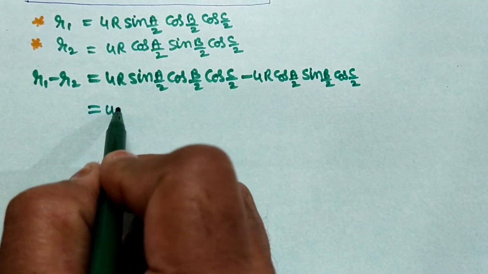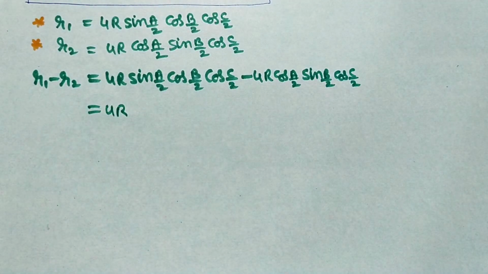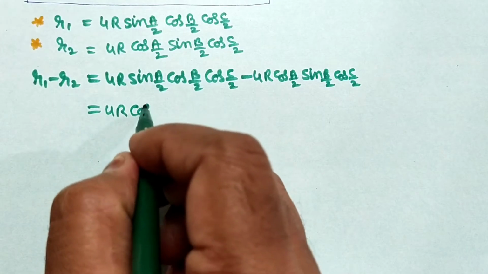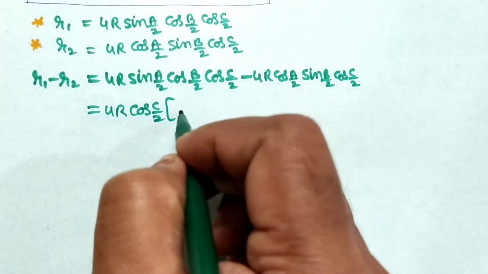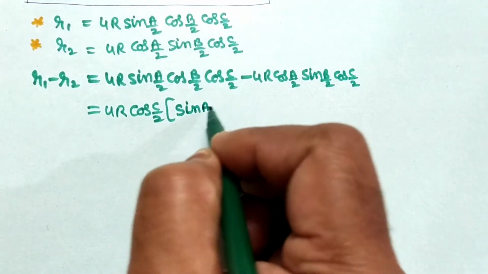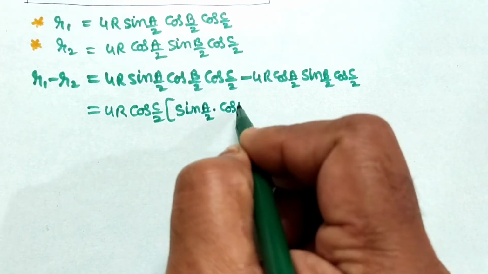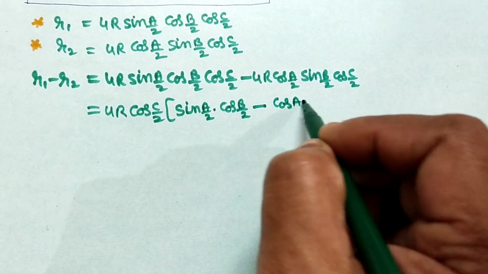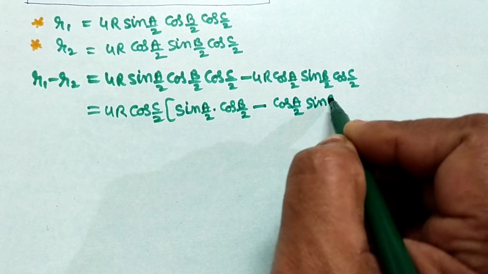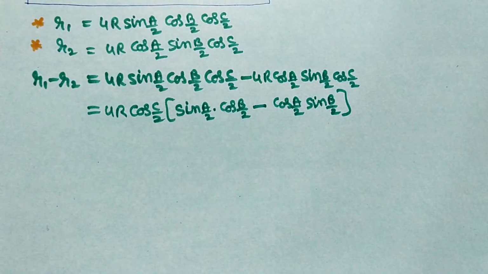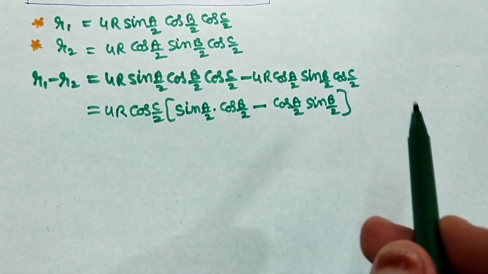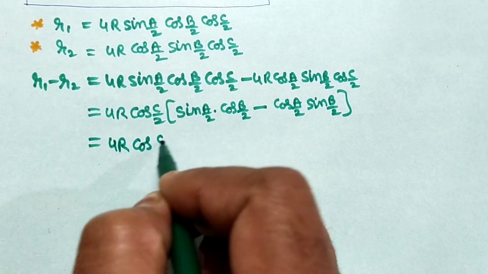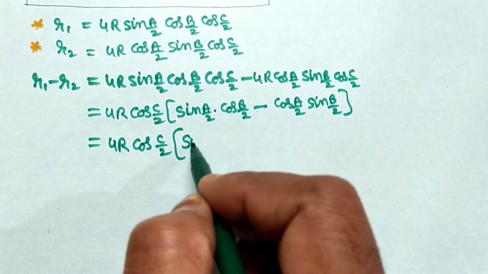So take common 4R cos C by 2. You will get sin A by 2 cos B by 2 minus cos A by 2 sin B by 2. This bracket value, if you observe, is sin A cos B minus cos A sin B, so sin of A minus B.